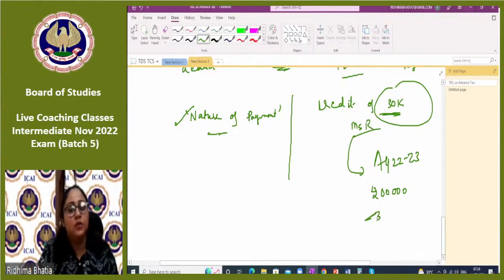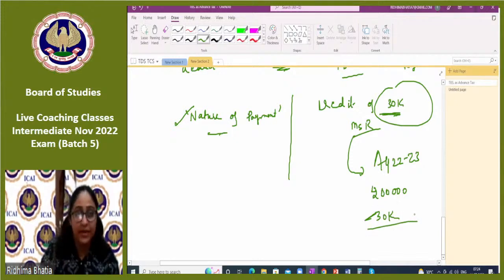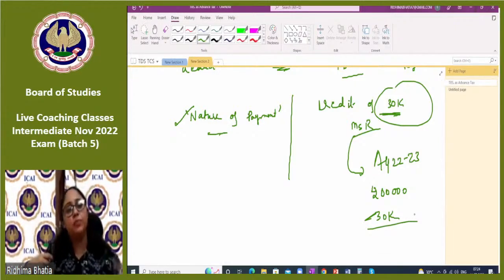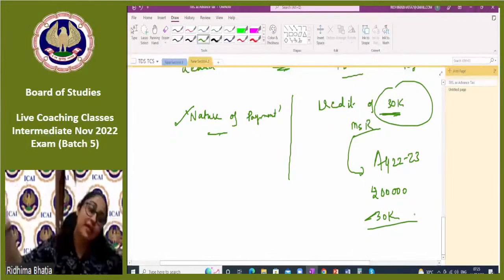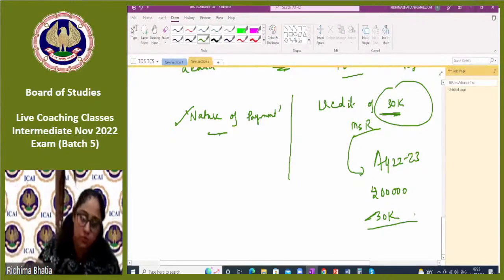And 30,000, she already has a credit, right? 30,000 is credit, someone has already deposited on my behalf. TDS is nothing but depositing the tax on your income; here someone else is depositing the tax on your income, who is the source.